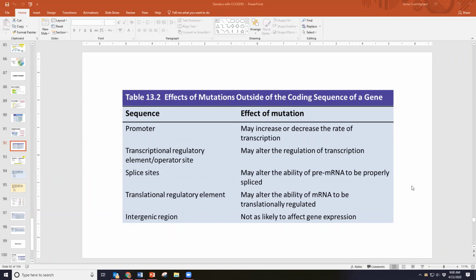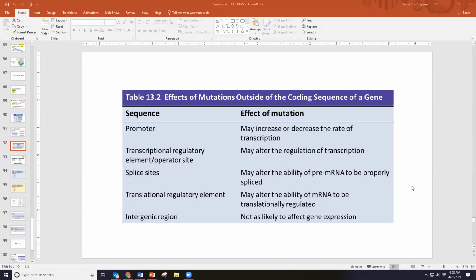You also have those intronic regions, what on this slide they call intergenic regions. And those are less likely to affect gene transcription because they're not immediately coding. However, it's believed they do play a significant role in gene regulation. So less likely to affect gene expression, but that's not across the board.